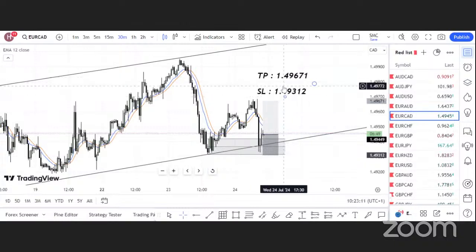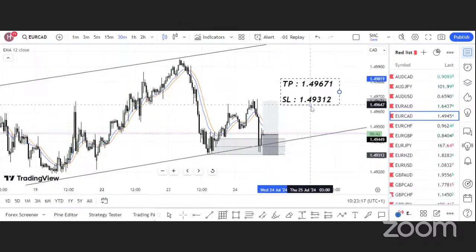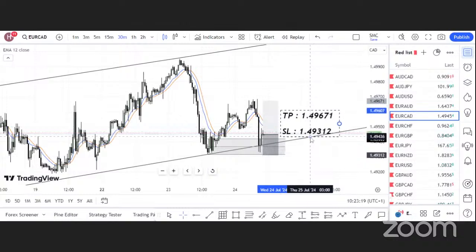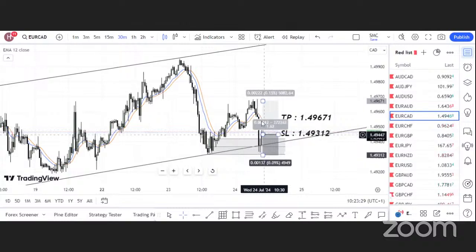Those tools are not there for designs. If you set a take profit and a stop loss, it protects your capital against potential loss, most especially the stop loss. Let's say this market doesn't go the way we have predicted.